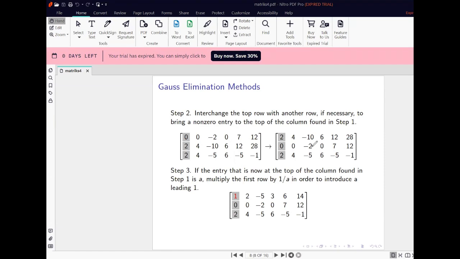Step 3: if the entry that is now at the top of the column found in step 1 is A, multiply the first row by 1 over A in order to introduce a leading one. So we have to change these two into one.